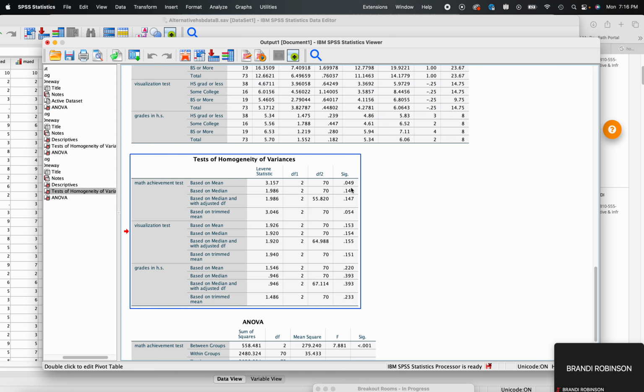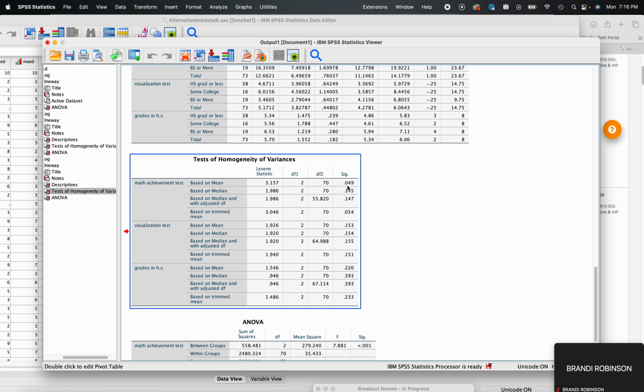So for this table, my null hypothesis is that there's no statistically significant difference in the variance between groups for every variable. So I have the sigma value of 0.049. 0.049 is less than 0.05.